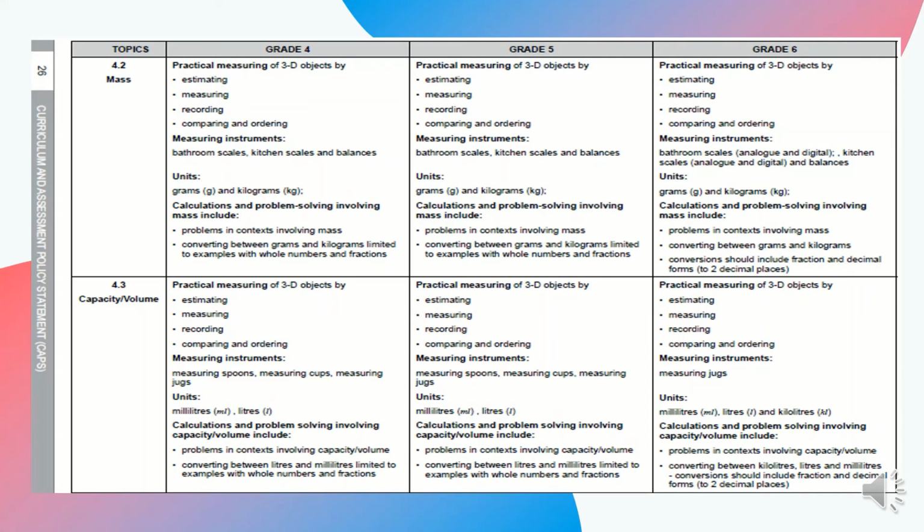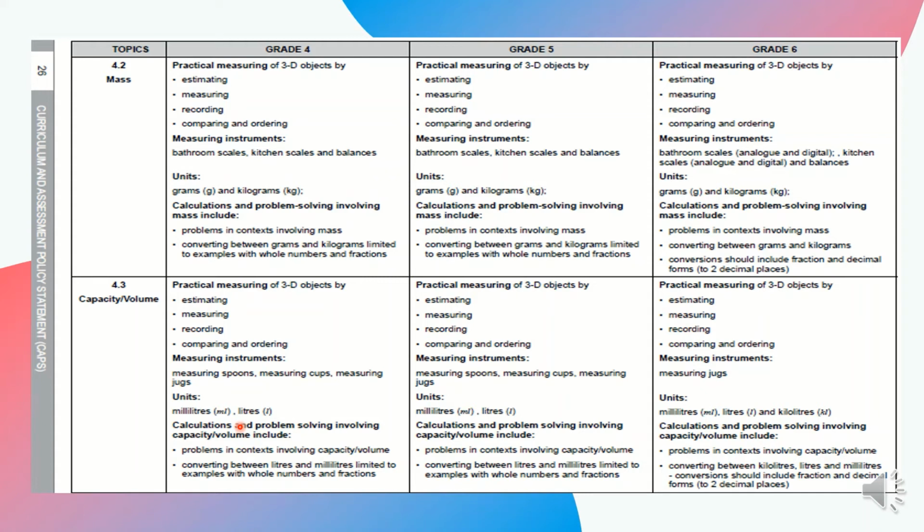Okay, the next topic would be capacity. Let's look at what CAPS tells us to do for capacity. It says, let's look at how to practically measure 2D objects by estimating, measuring, recording, and comparing and ordering. The measuring instruments should be measuring spoons, measuring cups, and measuring jars.